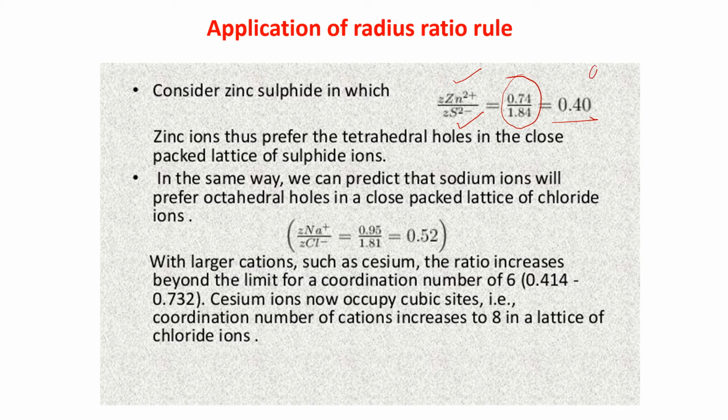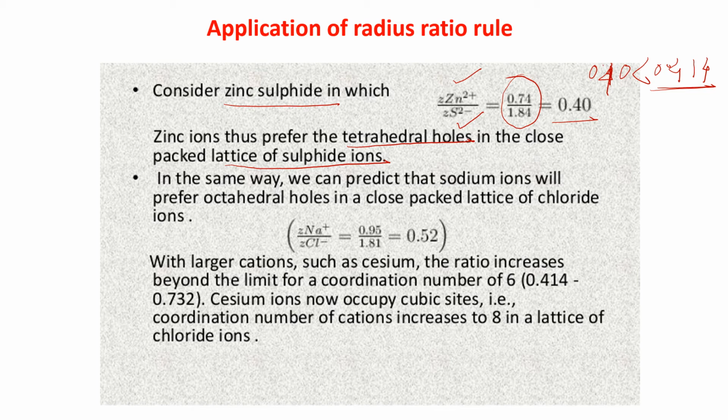Now 0.40 is less than 0.414, which is the ideal value for the octahedral void. And as 0.40 is less than 0.414, naturally it will prefer tetrahedral hole in closed packed lattice of sulfide ion. So in ZnS, zinc sulfide, zinc cation will place in the tetrahedral hole.